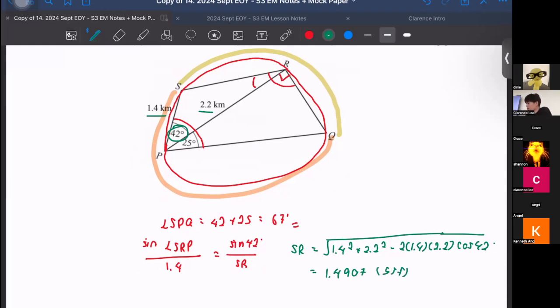Now that you know SR, sub this back into the fraction. So you will get sine 42 over 1.4907.